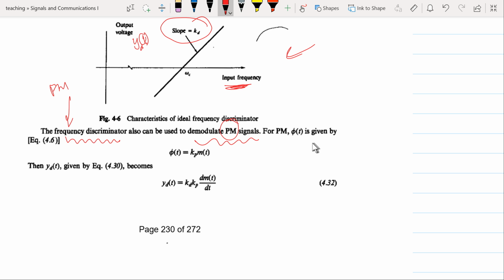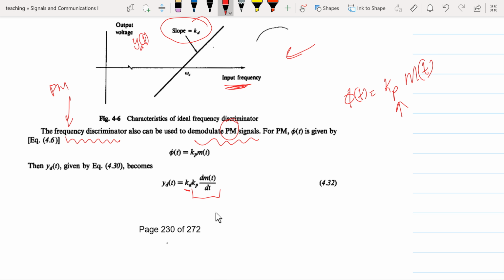For PM, phi of t is given by equation 4.6, which is directly related to the message signal itself, with the constant of proportionality being k_p.